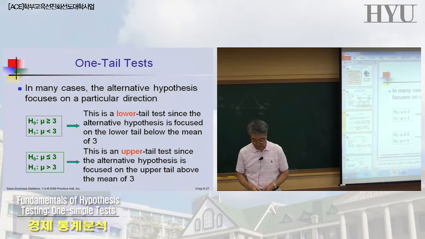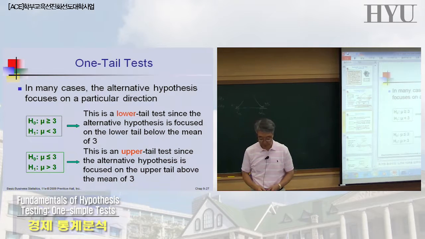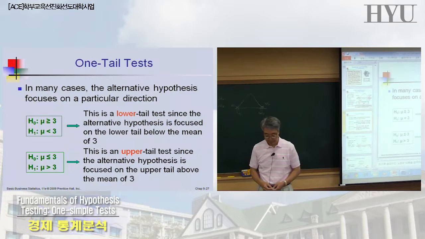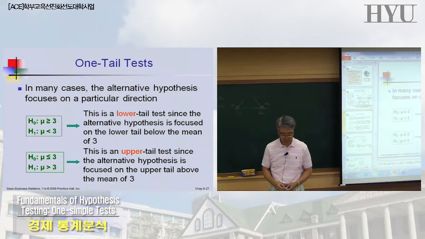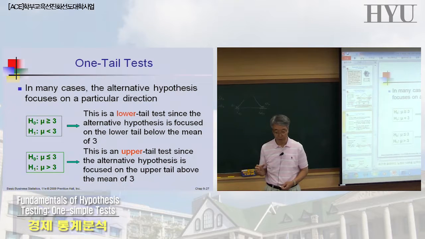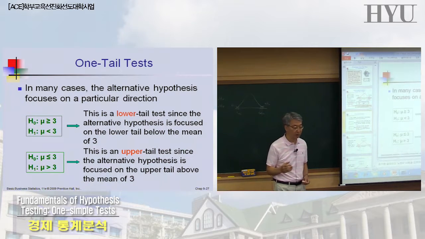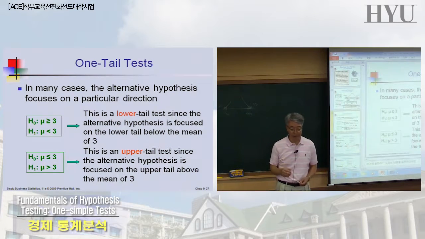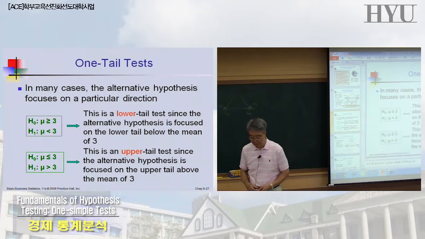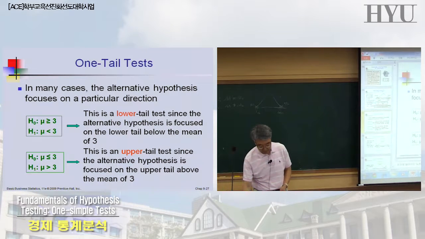Well, we just want to talk about the one-tailed test before we finish this chapter, okay? So sometimes your question is only in one direction. Either you don't care about the other direction, or you are pretty confident that there is absolutely no chance that it will go the other way, right? So for example, in this example, the null hypothesis claims population mean is at least 3, either greater than or equal to 3.